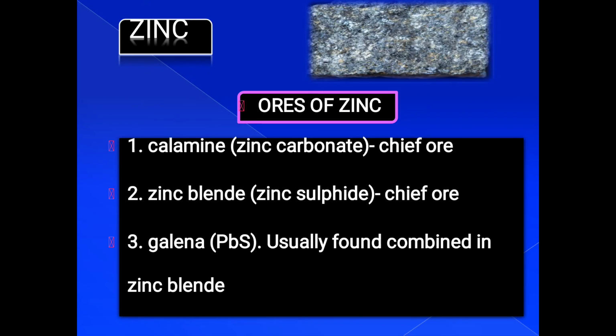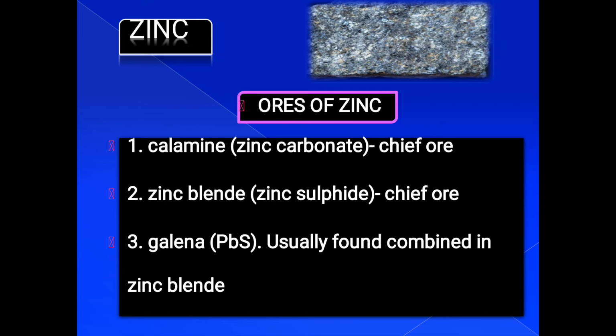So basically, zinc is also a very useful metal, and the ores of zinc include calamine, which is basically zinc carbonate, the chief ore. We have also zinc blende.